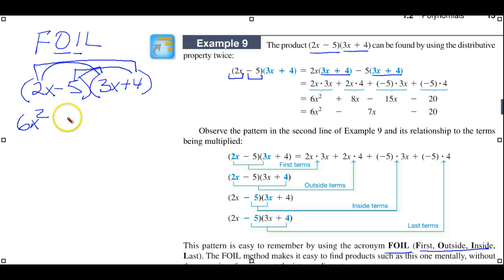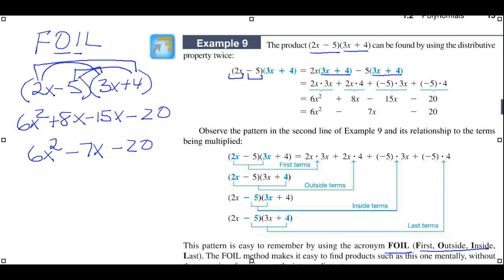The outers now are a positive 8x, inners a negative 15x, and then last a negative 20. Notice we have our 2 like terms in the middle, so we summarize now. Grouping like terms, this will be a negative 7x minus 20.